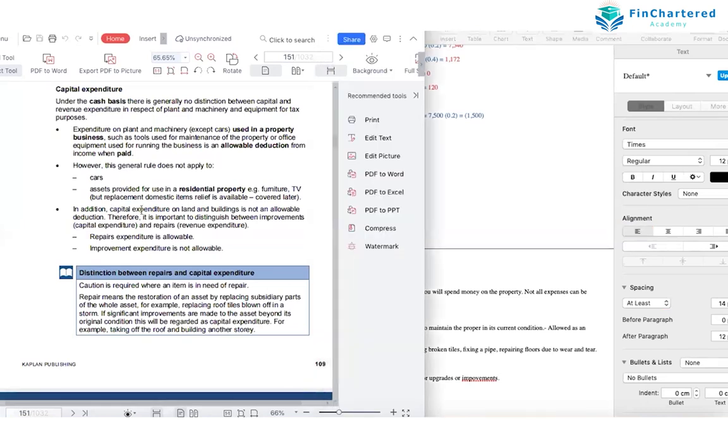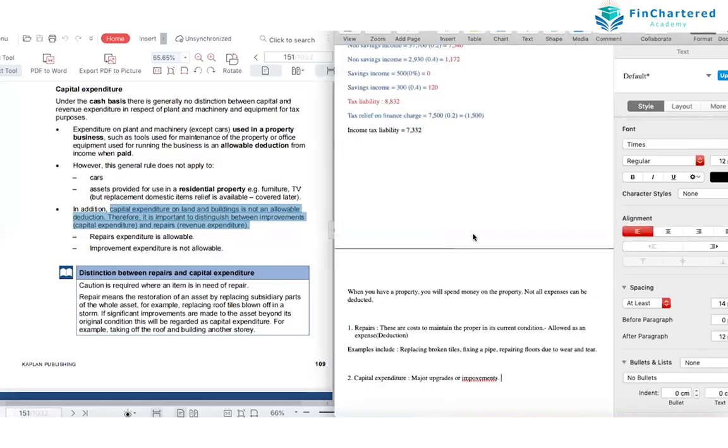See, we need to distinguish between capital expenditure and revenue expenditure. So revenue expenditure is what I mentioned here. I'm putting that as revenue expenditure. We need to know the distinction between it.